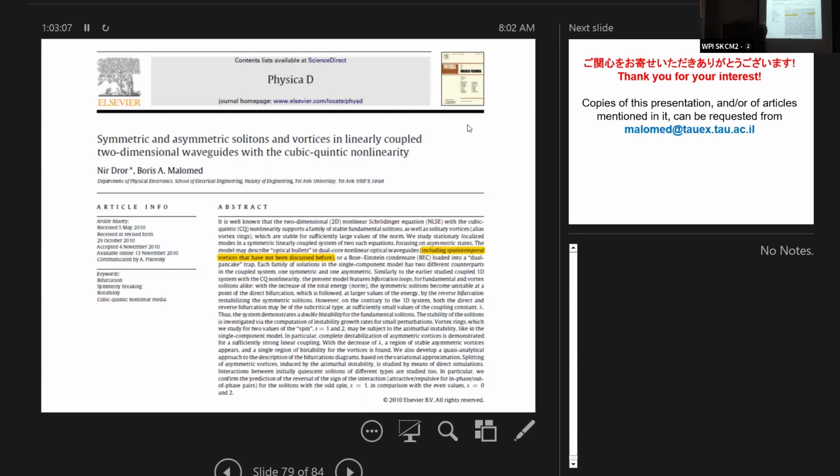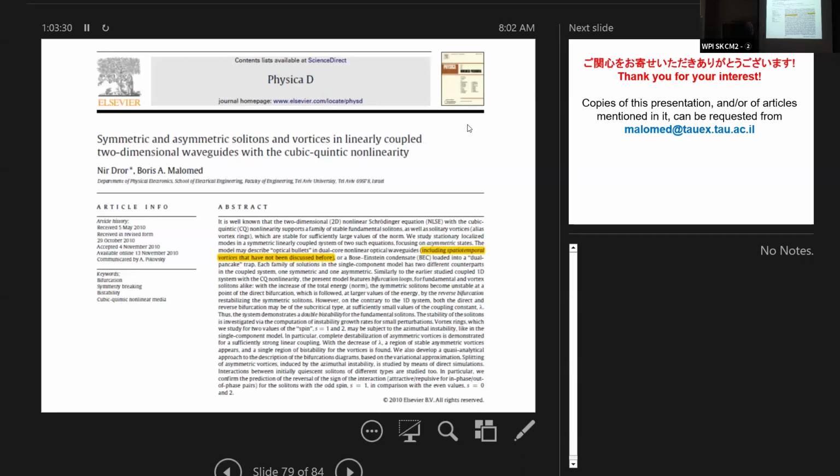And in this paper, as far as I know, it was the first one in which the concept of spatio-temporal vortex solitons was explicitly introduced. At that time, we did not know that the topic would be so fashionable. Therefore, spatio-temporal vortices are not mentioned in the title, but they are explicitly mentioned in the abstract and later, of course, in the text of this paper.